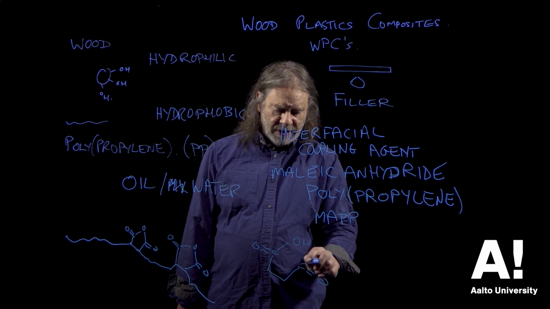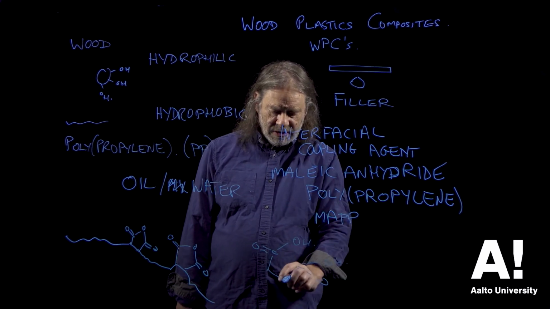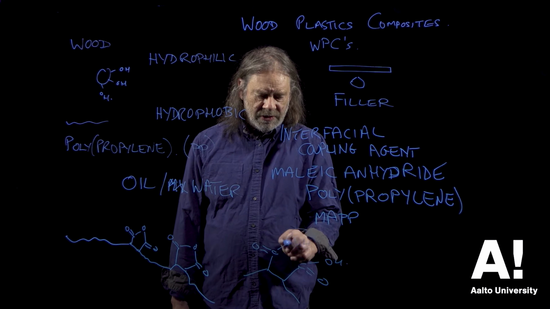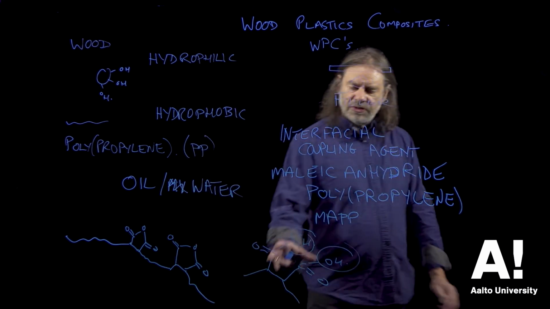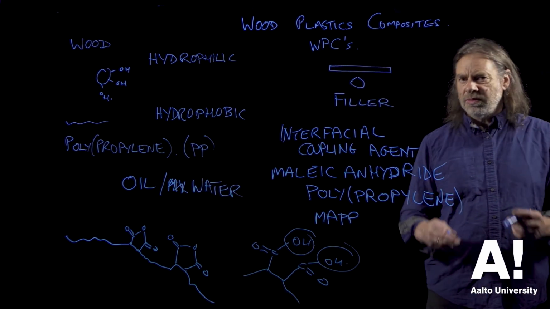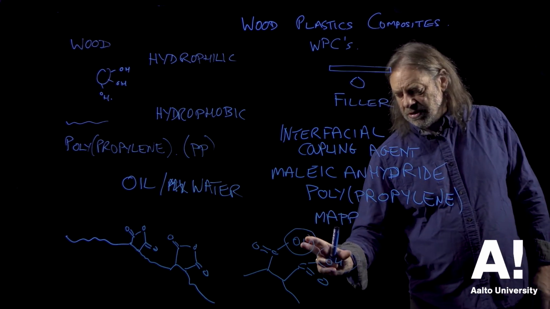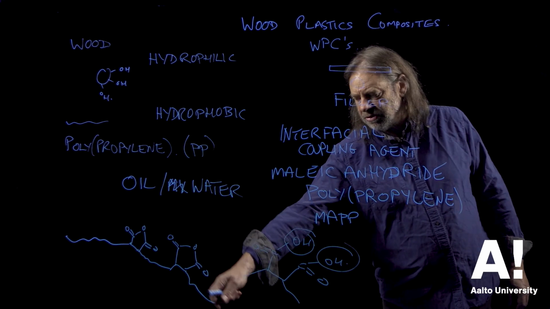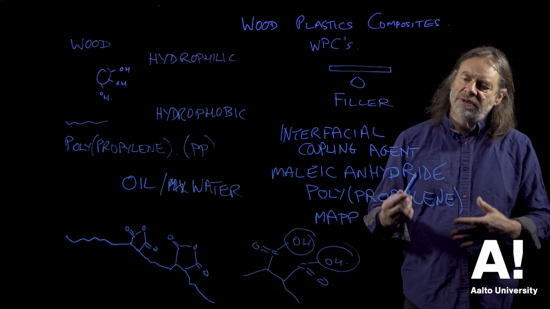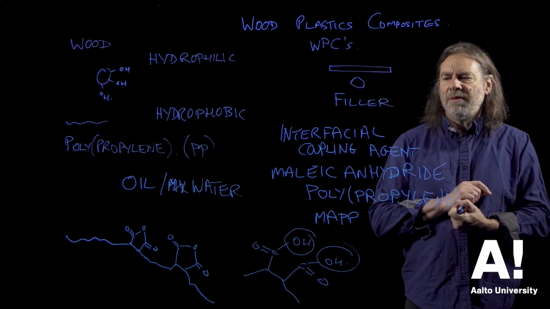So the important thing is the presence of our friends, the hydroxyl groups. So those hydroxyl groups are compatible with the wood. So those are attracted to the wood, and these bits are compatible with the polymer itself.